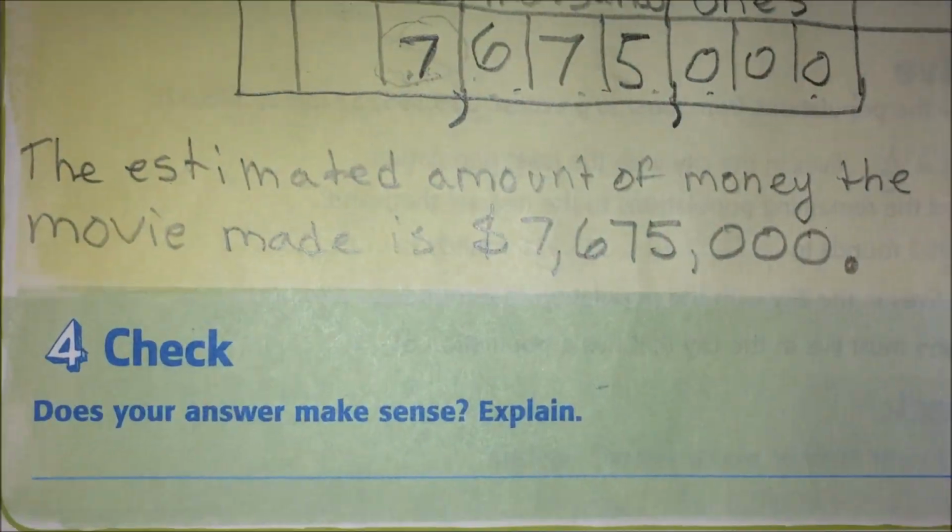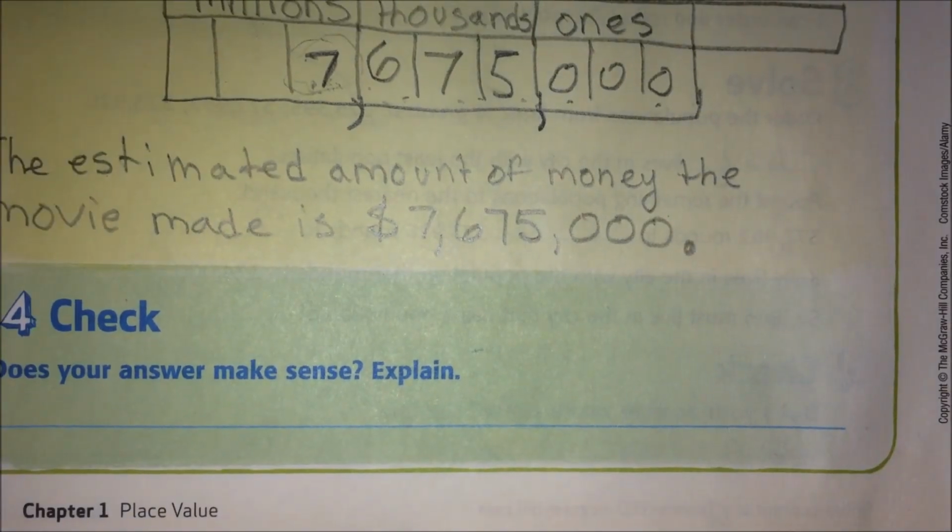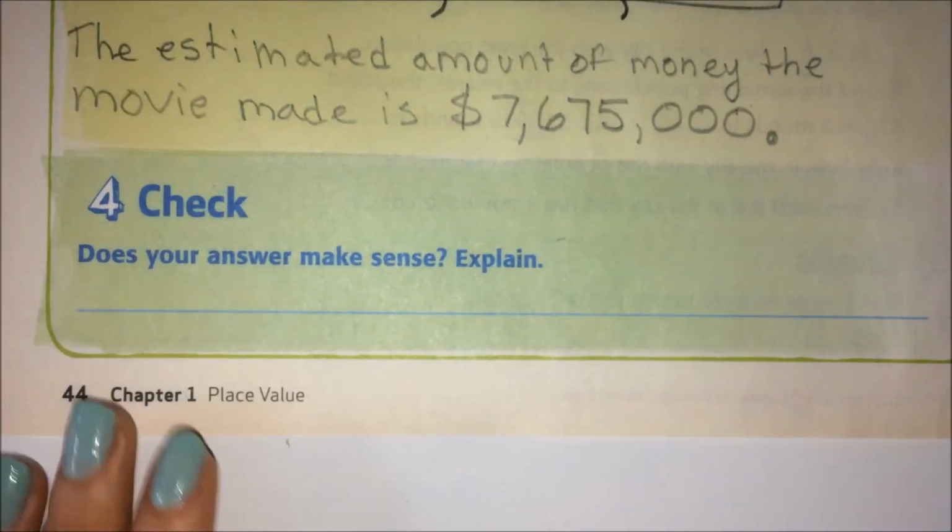Okay, make sure you see the answer right there. Okay, don't forget the sentence. That's super important when we're solving problems. Don't just put the number down.